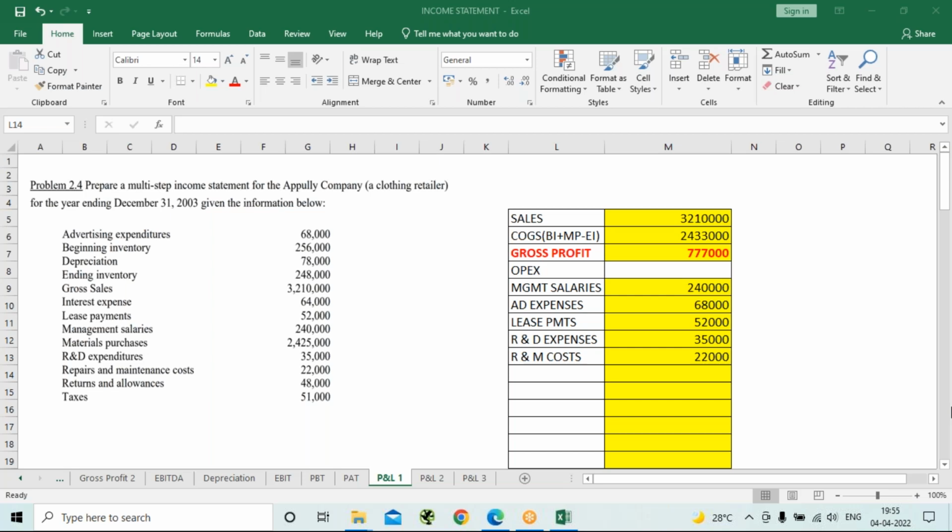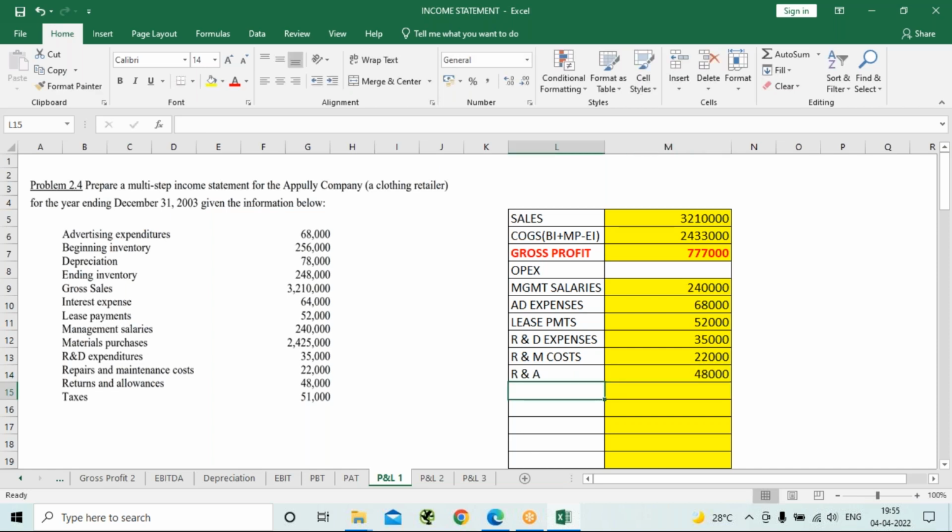Once again, have a look. Or is that it? Sir, returns and allowances. Yes. So it is returns and allowance. Okay, the value is 48,000.